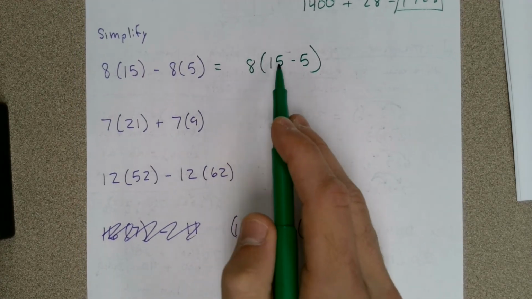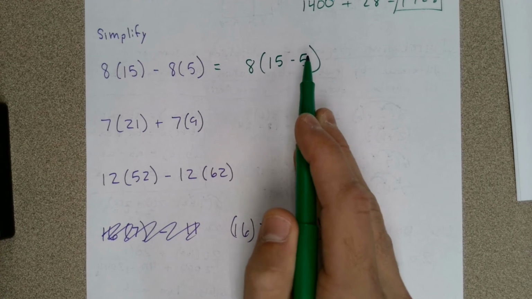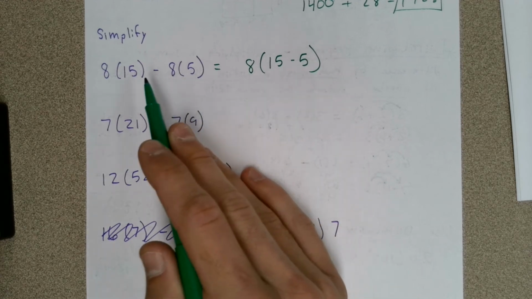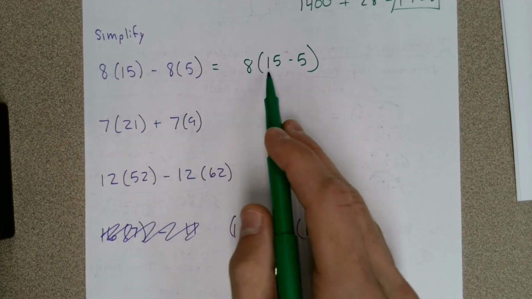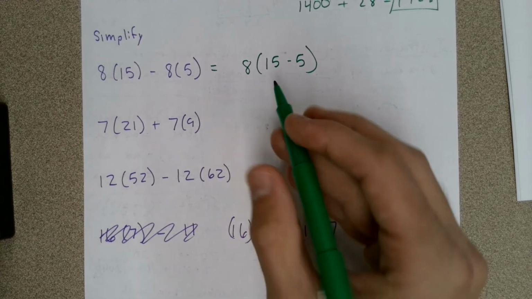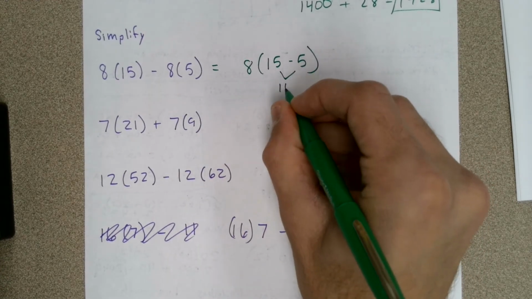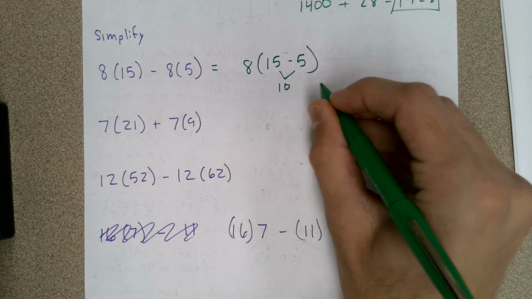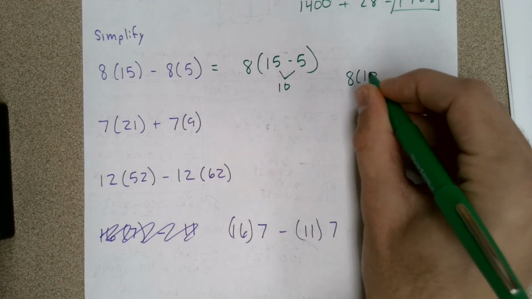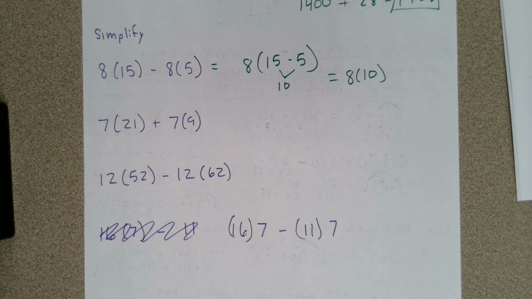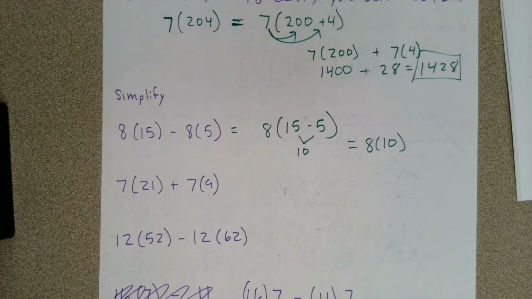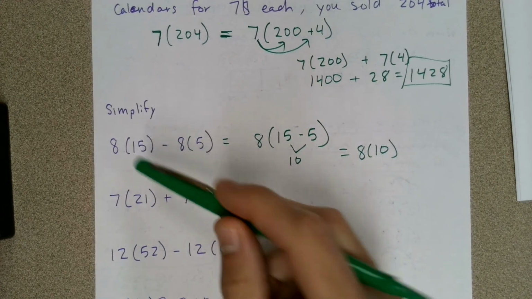We're going to do 8 times 15, 8 times 5. These are the same thing. But look at this. I can even solve this further. I know that this is 10, so I could simplify this down to 8 times 10. We're kind of doing the opposite of what we just did. Instead of breaking that apart, we're regrouping it together.